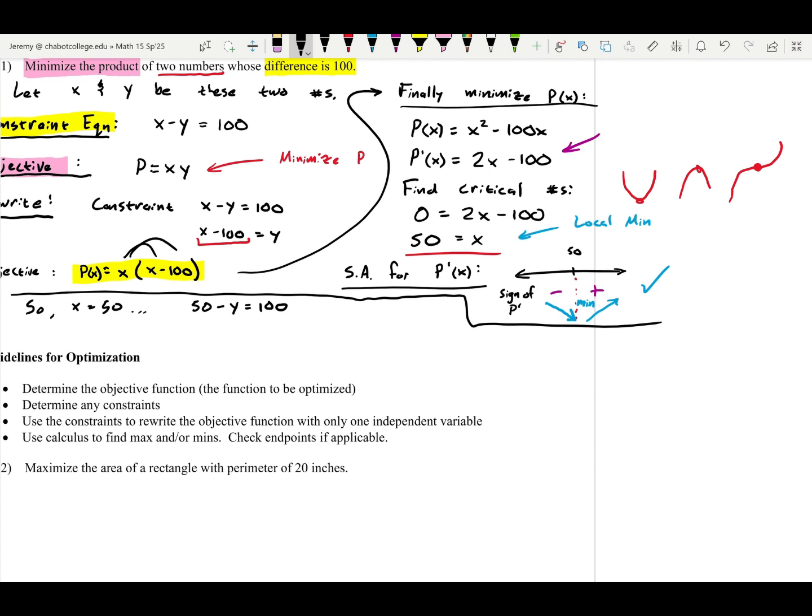I can add y to both sides, subtract 100 from both sides. So I'm getting that y is equal to negative 50. Okay, so I finally have my answer. The two numbers that we were looking for are positive 50 and negative 50.